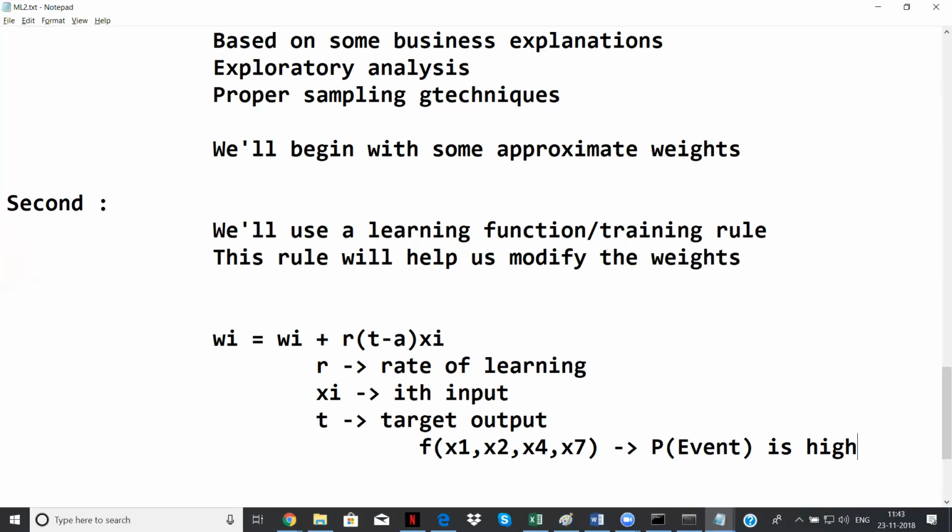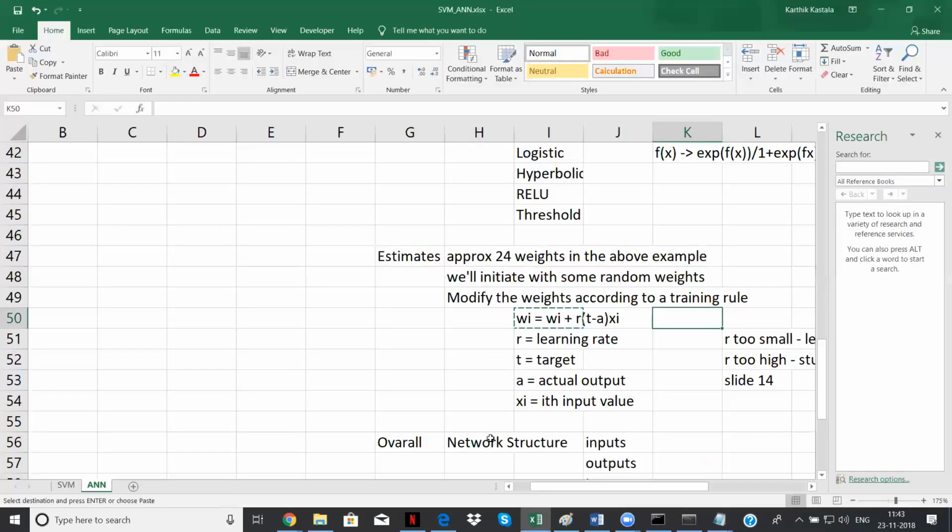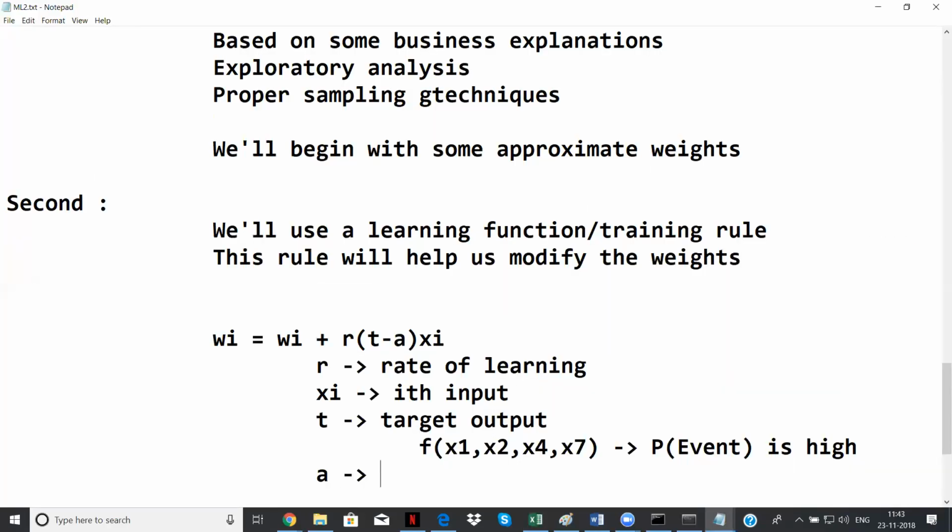That is, my class will be 1. You have this as your target output. And you also have something called the actual output. A is equal to the actual output.